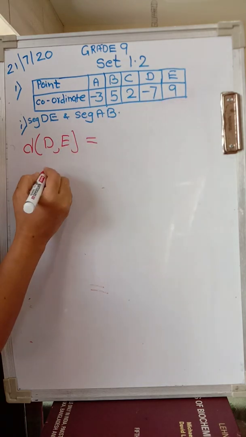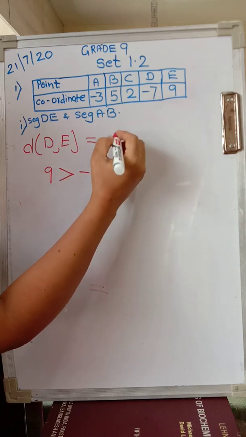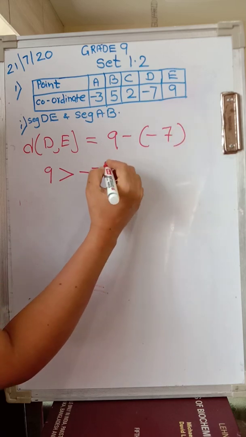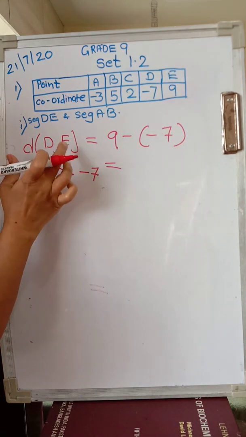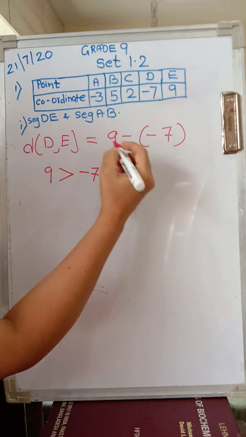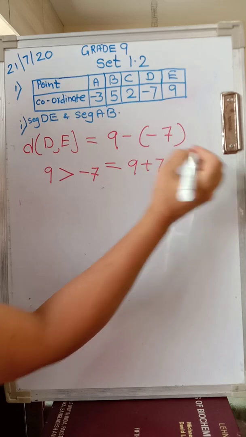Who is greater? 9 is obviously greater than minus 7. So it is 9 minus 7. So what is the distance between points D to E? So the distance between these 2 points is nothing but 9 plus 7, which comes out to be 16.